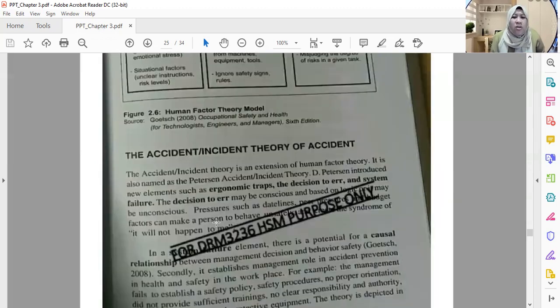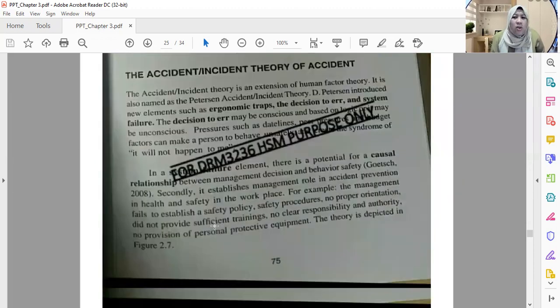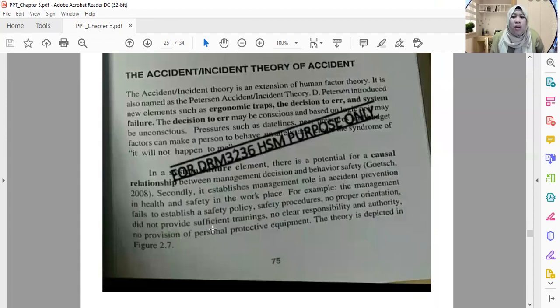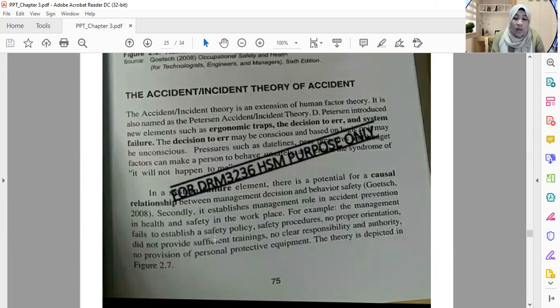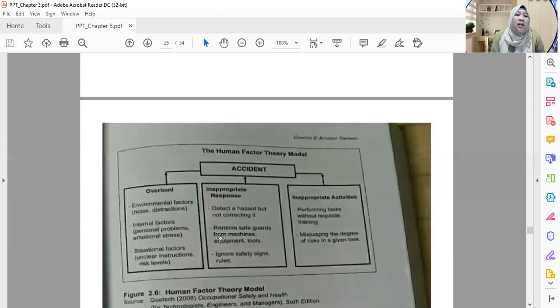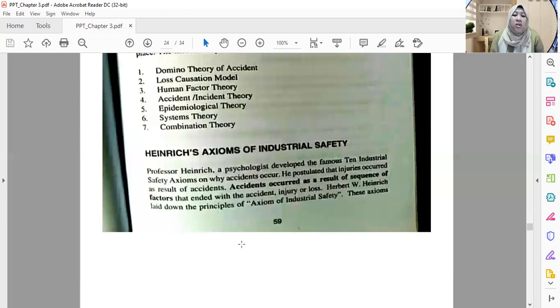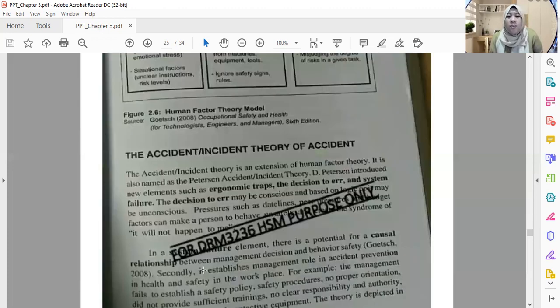Alright, so we're moving to the accident incident theory of accidents. Here you can see Peterson's accident incident theory. D. Peterson introduced new elements such as ergonomic traps, the decision to err, and system failure.